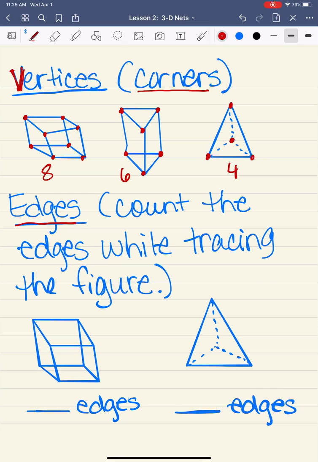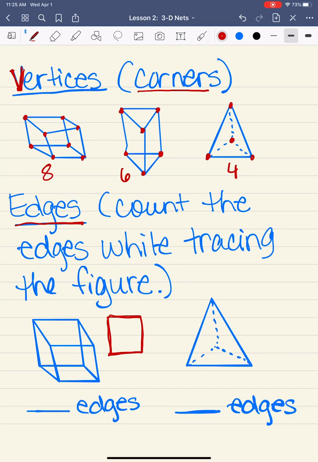Okay, the next part is edges. Count the edges while tracing the figure. So if you have notebook paper and you want to draw these first, you could even count them as you're drawing them. Remember, to draw a cube, you start with a square. Okay, so far we've made 1, 2, 3, 4 edges.